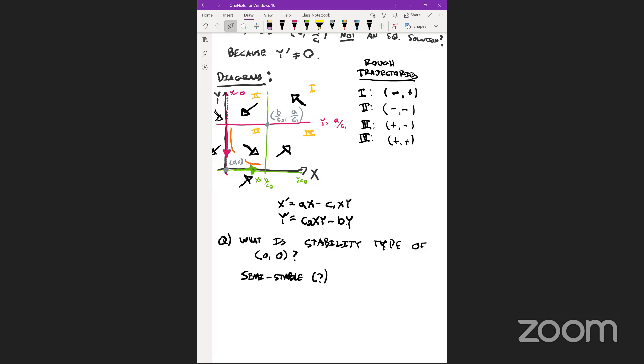And if this is in fact semi-stable, that would make intellectual sense.